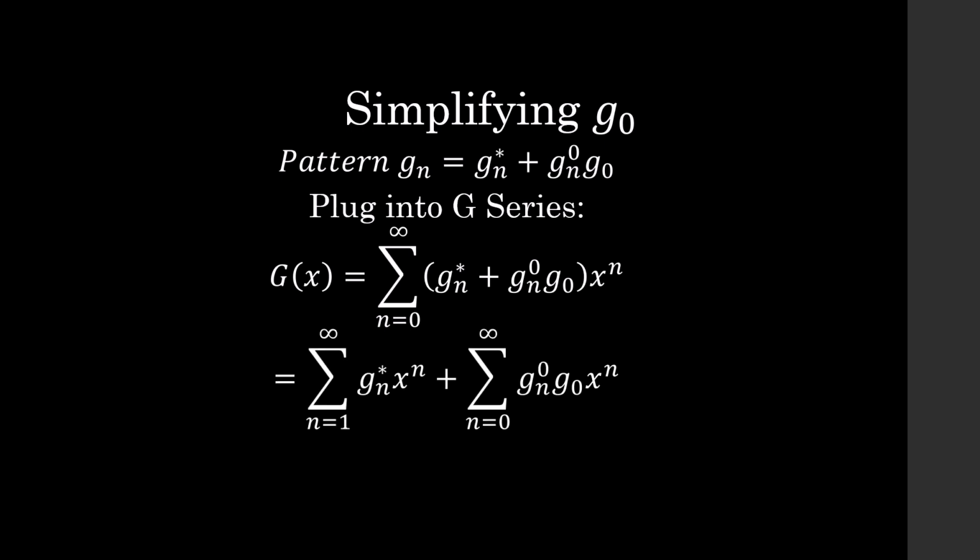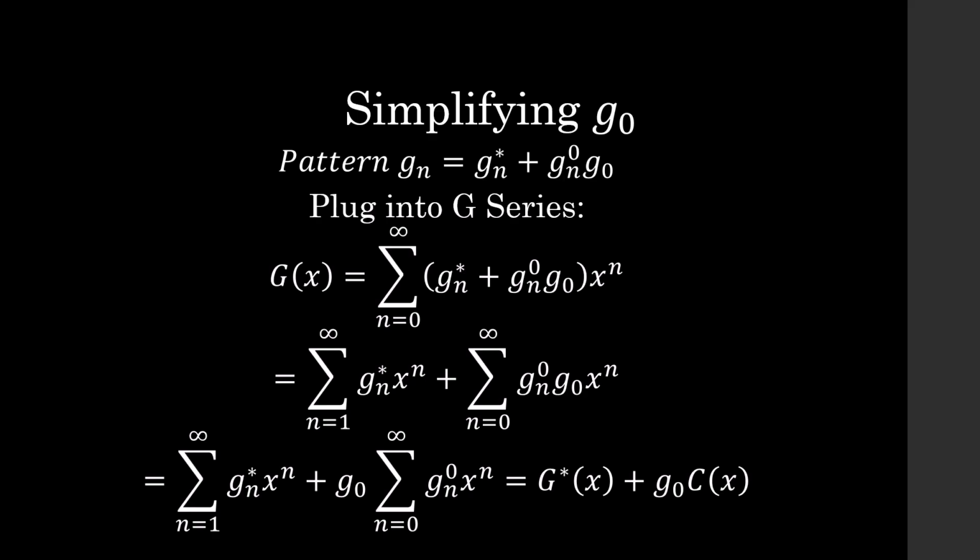We can plug this into our g series. Using the linearity of the sum, we can separate them out. And then once again, we have g naught as being constant in terms of n, so it is brought out. That allows us to write two separate series, or two separate functions, where we will define g star of x as being the sum over gn star x to the n, and c of x, multiplying this g naught, being defined by gn0 times x to the n.